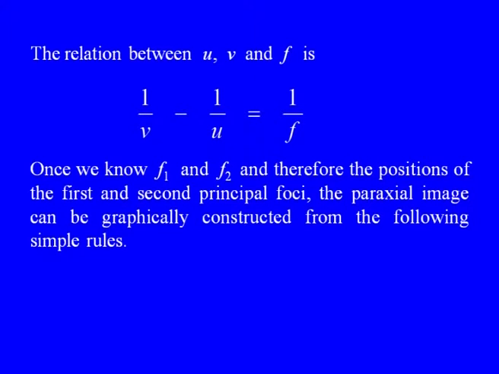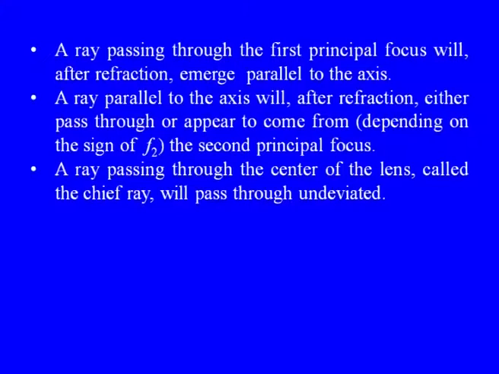Now, once we know f1 and f2, and therefore the positions of the first and the second principal foci, the paraxial image can be graphically constructed from the following simple rules. A ray passing through the first principal focus will, after refraction, emerge parallel to the axis. That is the characteristic of the focal point.